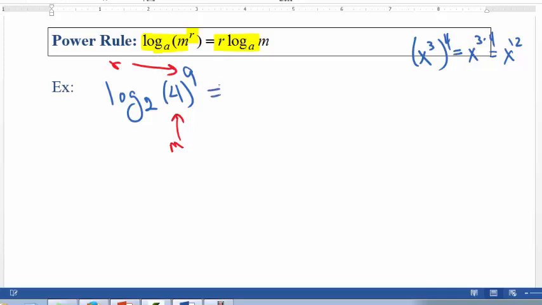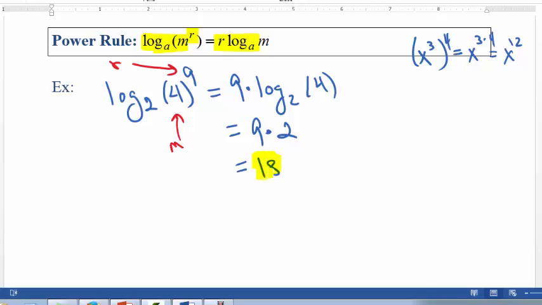So this is going to be equal to, by my rule, I bring the power, which is the 9, out front, and I multiply it by the log base 2 of m, which here is 4. So it's 9 times log base 2 of 4, which is just going to be 2, because 2 squared gives you 4. So this is 18.